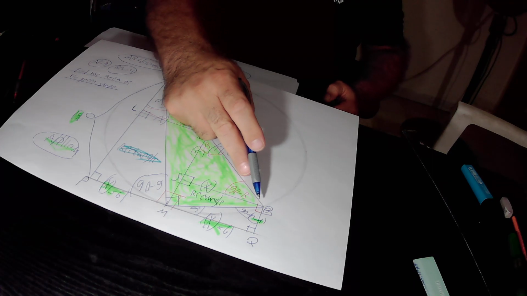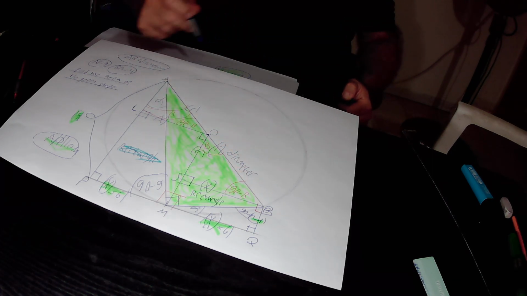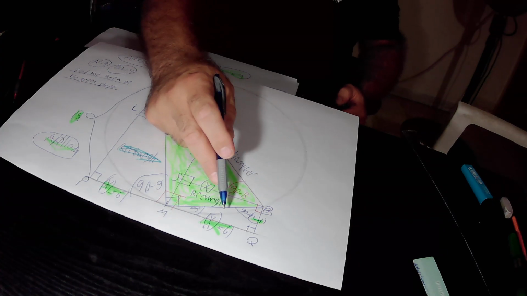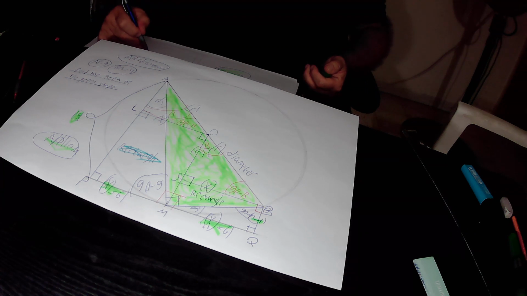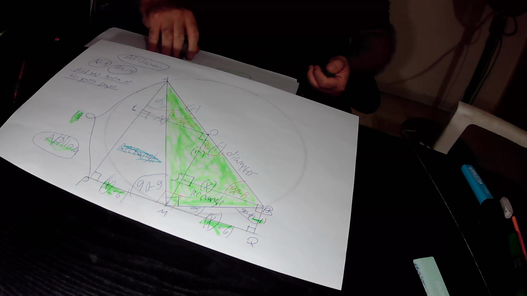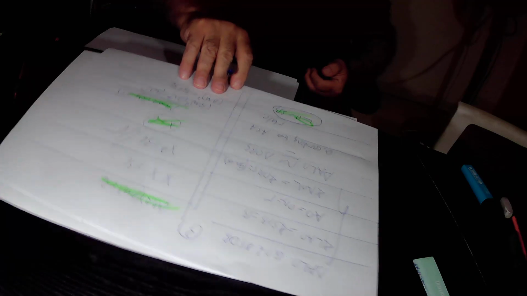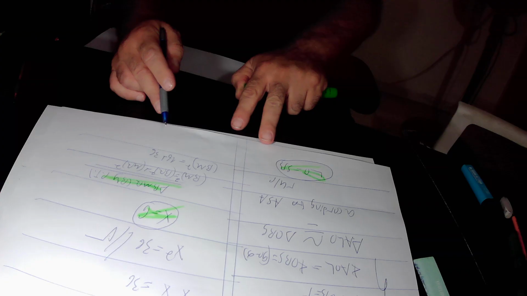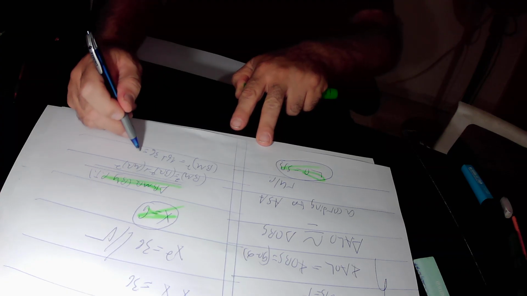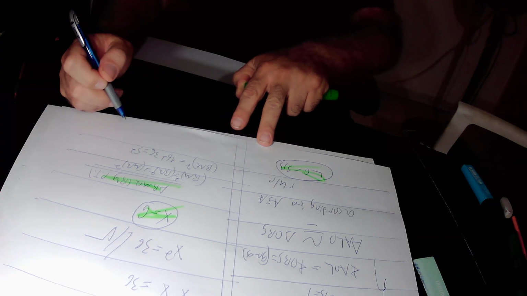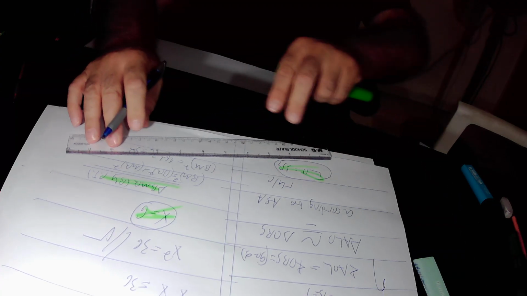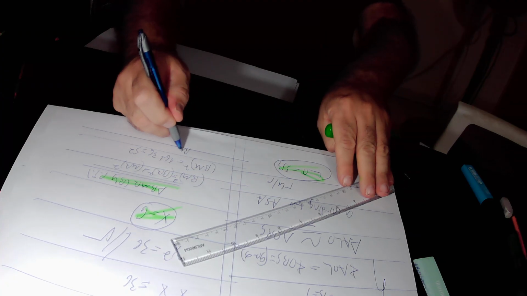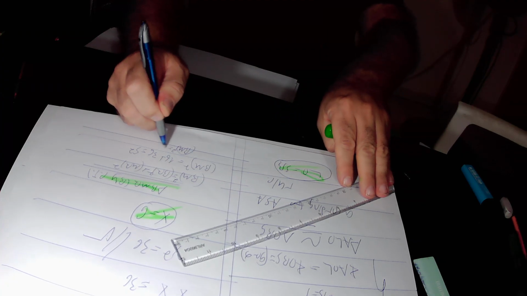BQ is 4, therefore BQ squared is 4 squared, that is 16, plus MQ squared. MQ is 6, therefore MQ squared is 6 squared, that is 36. So in total BM squared equals 16 plus 36. 16 plus 36 is 52. So BM squared equals 52.